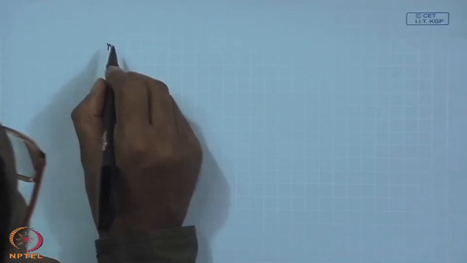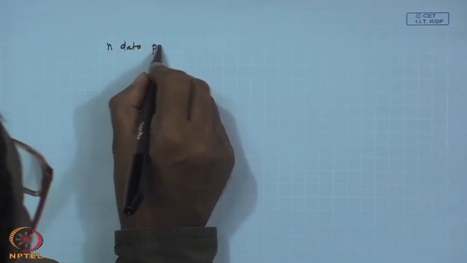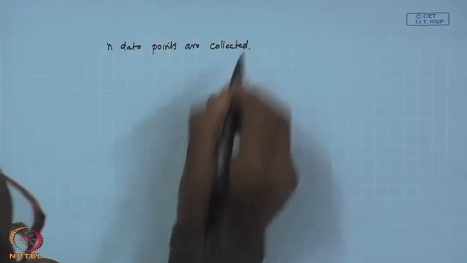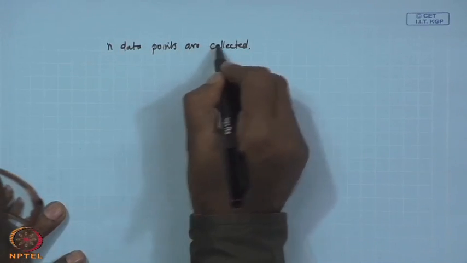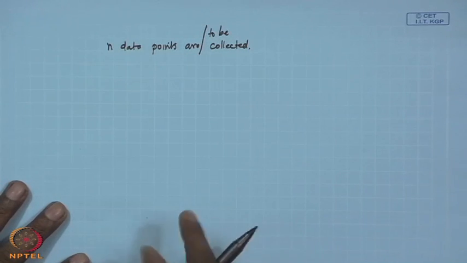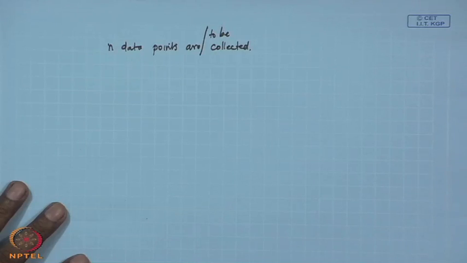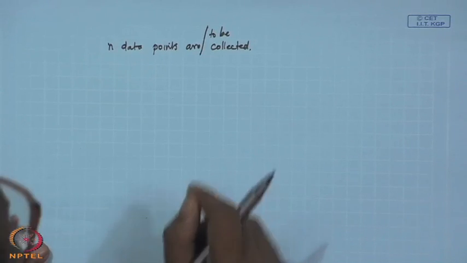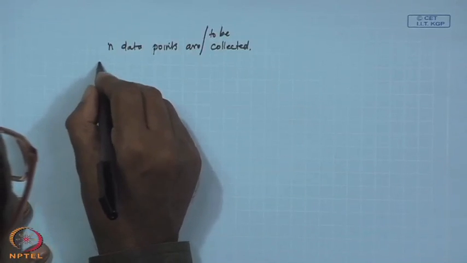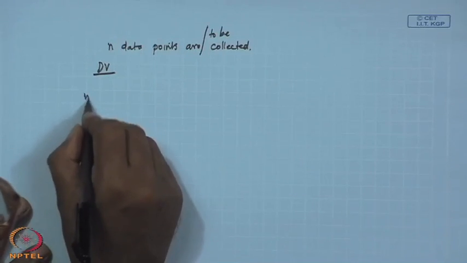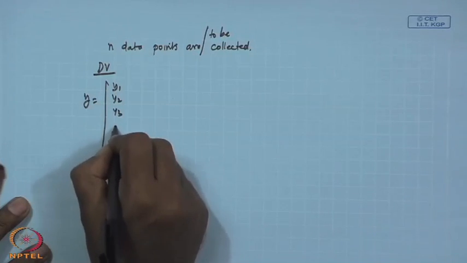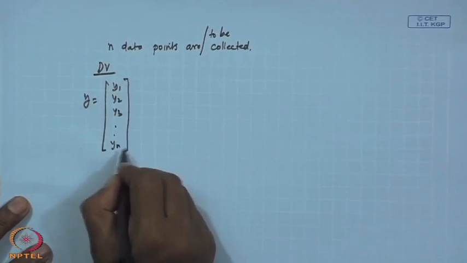Now, let us assume that you are collecting data. So, let n data points be collected, or to be collected. If you say to be collected, all observations will be random. So, our data matrix will be, first one is the dependent variable, y, it will be y1, y2, y3 up to yn, n data points.